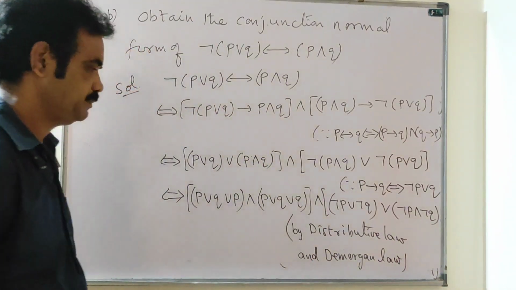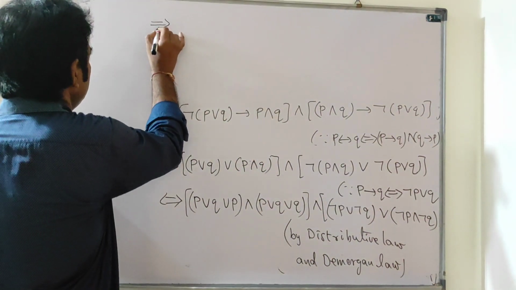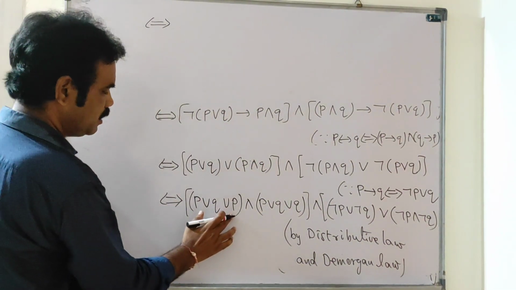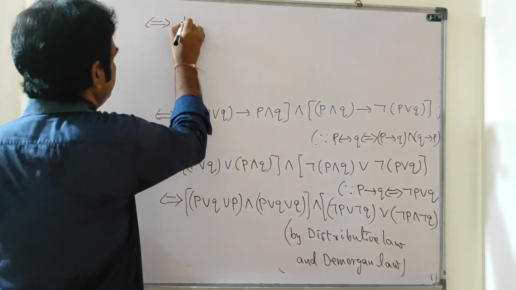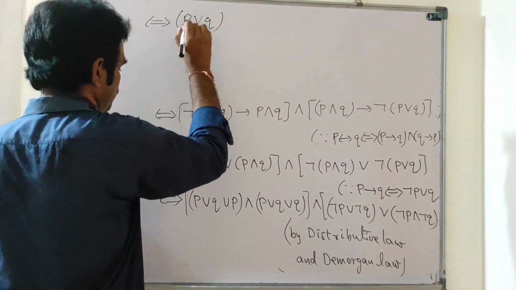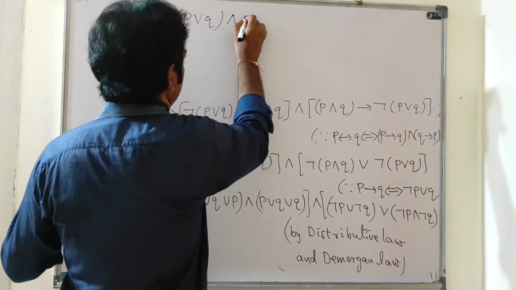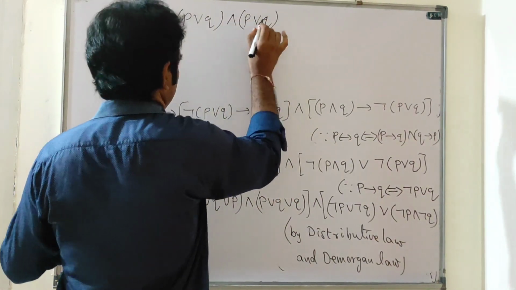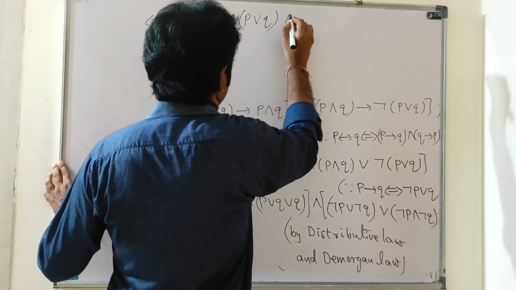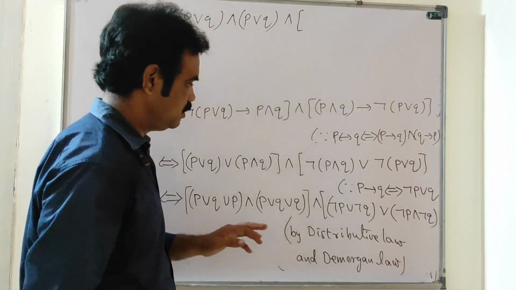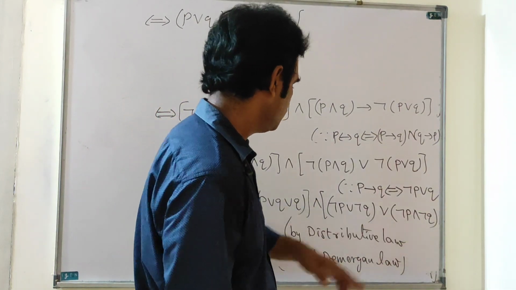Okay, this is equivalent to P or Q or P, means P or Q only. And this is P or Q or Q. This is also P or Q. And now apply distributive law for this.